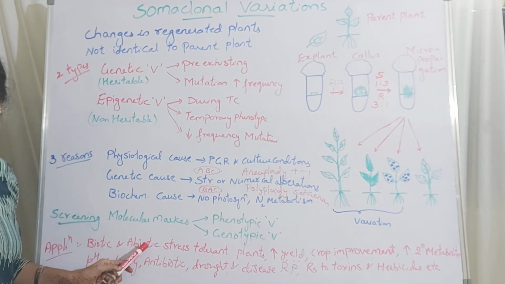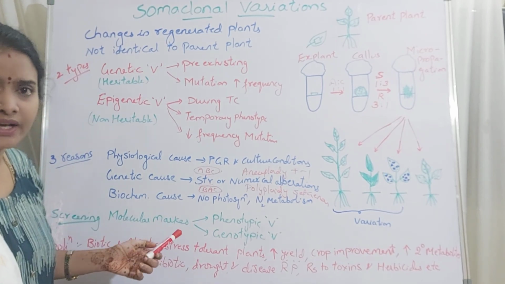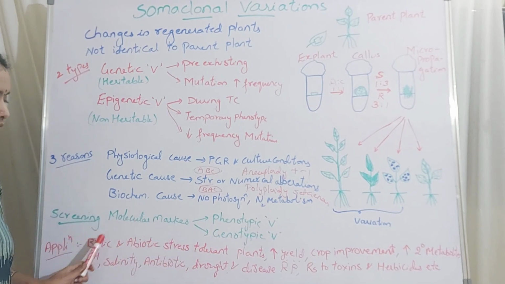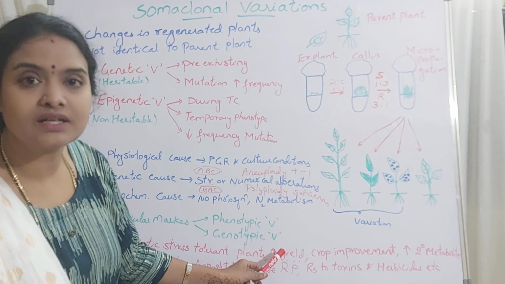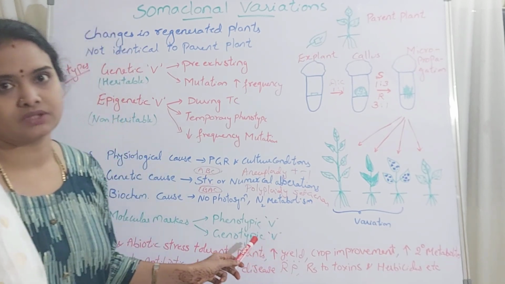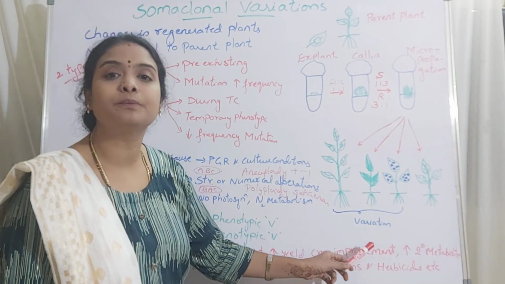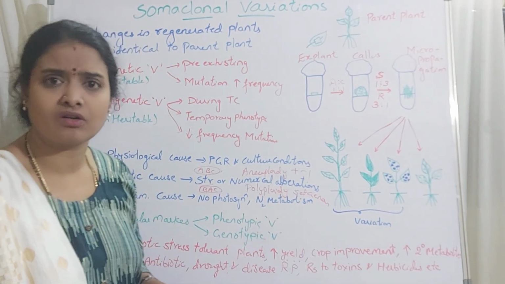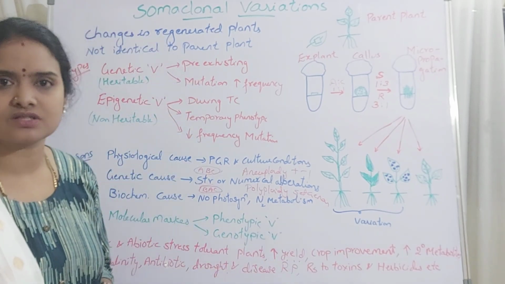Abiotic means the non-living things like light, temperature, pH, etc. So they are tolerant to the biotic and the abiotic stress, and then they may increase the yield of the crop in the agricultural fields. Then it may be a crop improvement where you can produce fruits of bigger size, or you can produce flowers of different colors on a single plant.